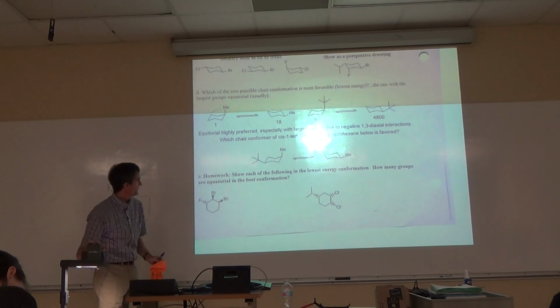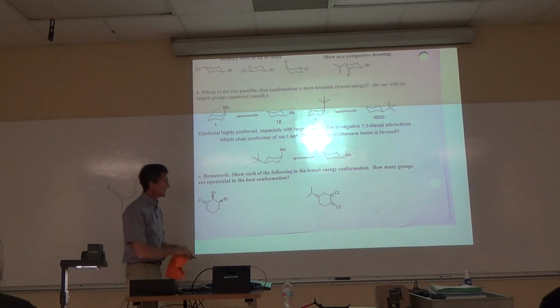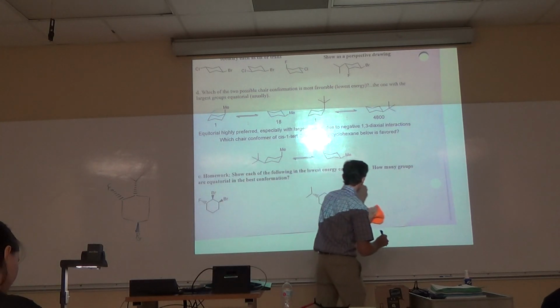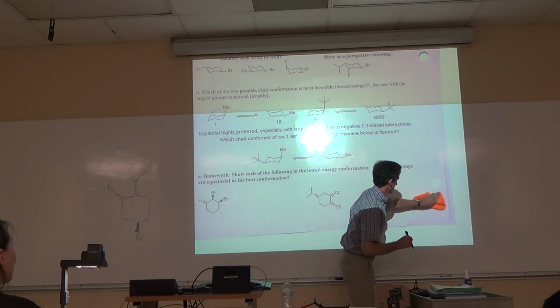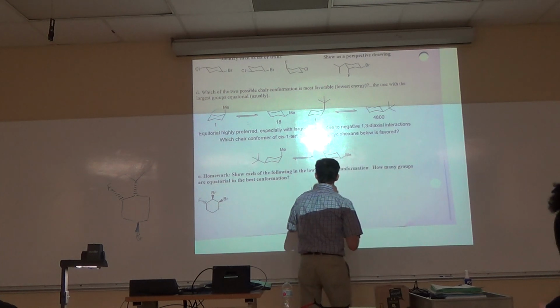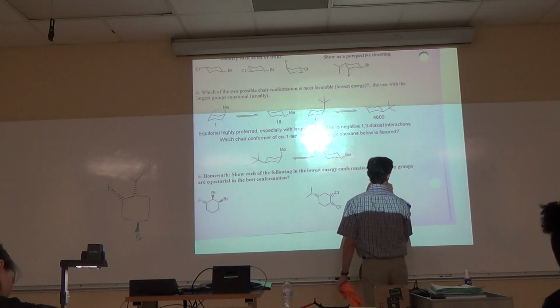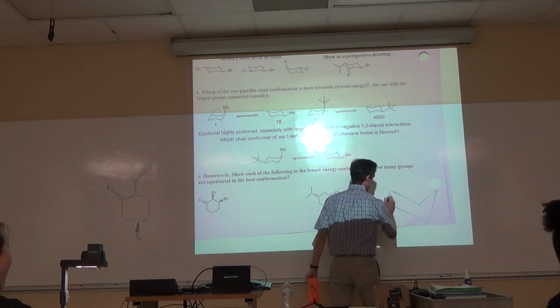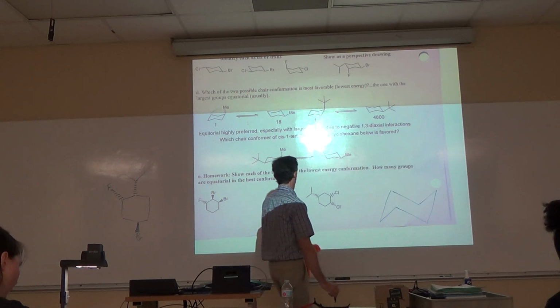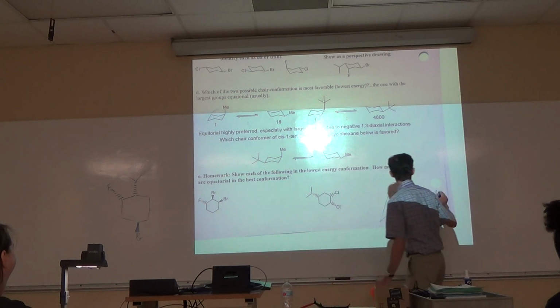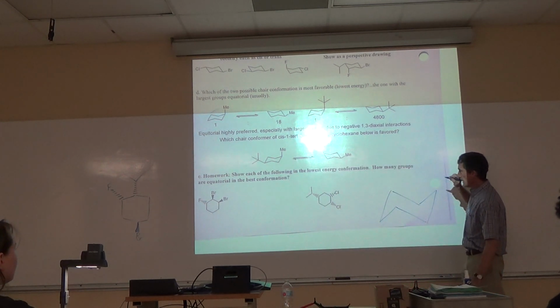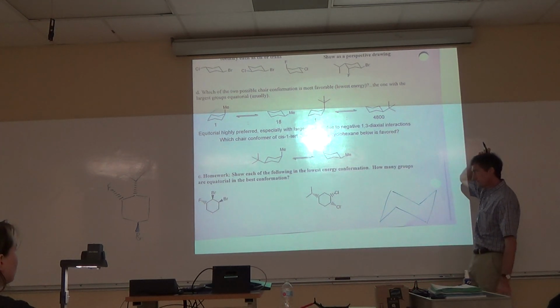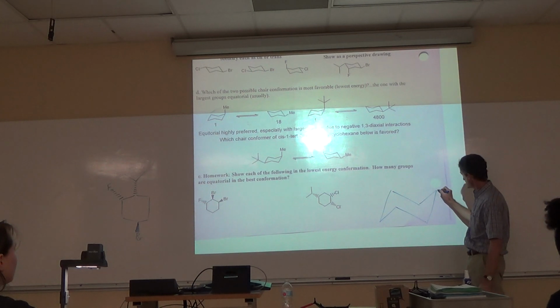Down below, I think we did the first one, yeah? How about the one on the right? Let's put the isopropyl group here. I'm thinking isopropyl would be preferred to be equatorial.